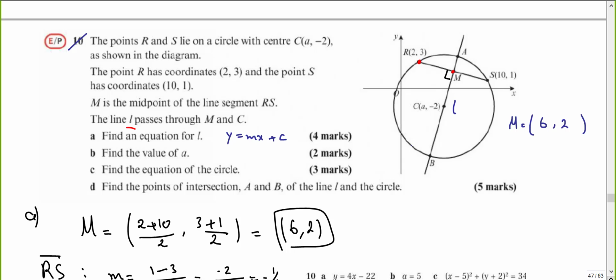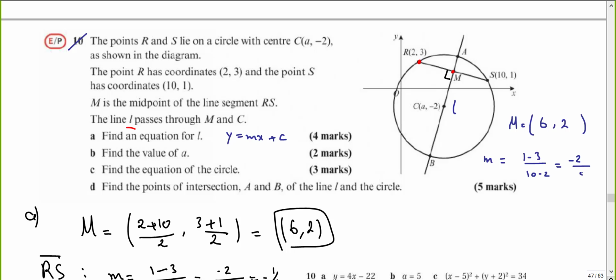The gradient of line L would be the same gradient as RS, but you flip it and you change the sign. If you find the gradient of RS, y2 minus y1 over x2 minus x1, it will be 1 minus 3 over 10 minus 2.